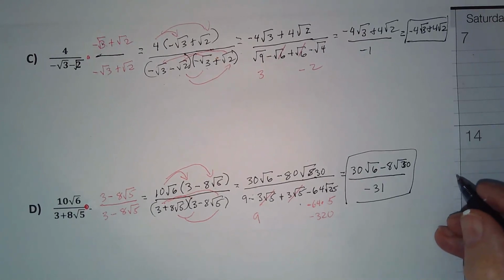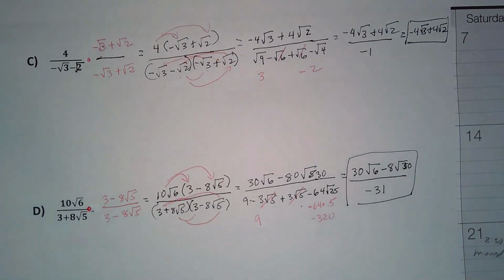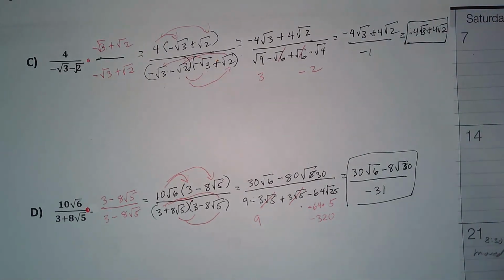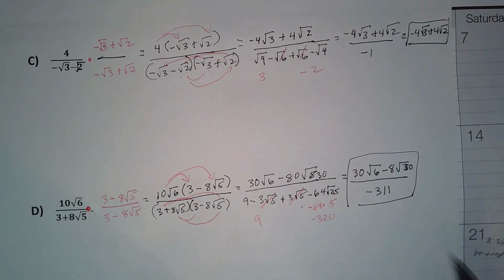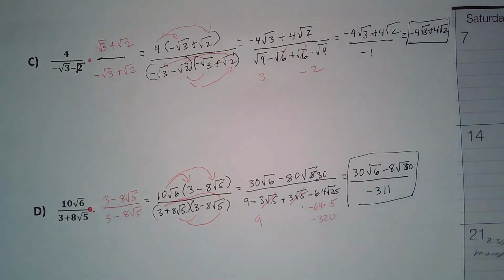Okay. All right. Let me see. Do we have everything here? Yeah, 30 square root of 6. And there's nothing we can reduce that I can see there. 30 square root of 6 minus 80 square root of 30 divided by negative 311. I dropped the negative. So that's your answer. Final answer, and we're set. Okay, so that's it. We've got it taken care of. We'll go ahead and upload this, and have a good day.